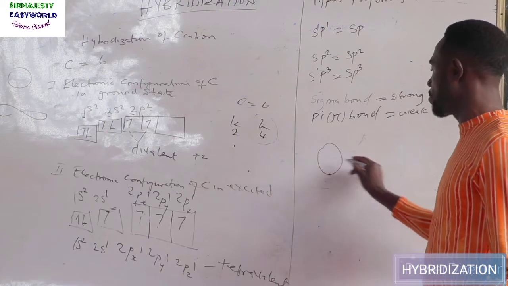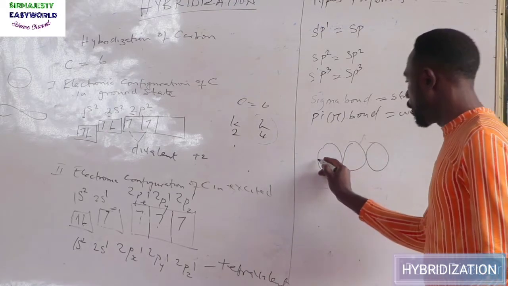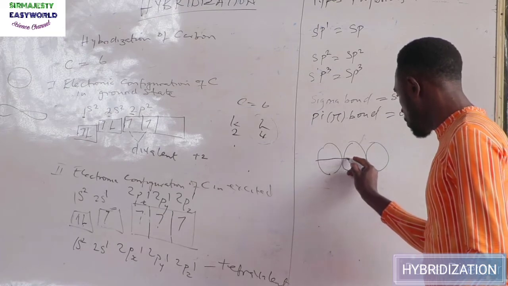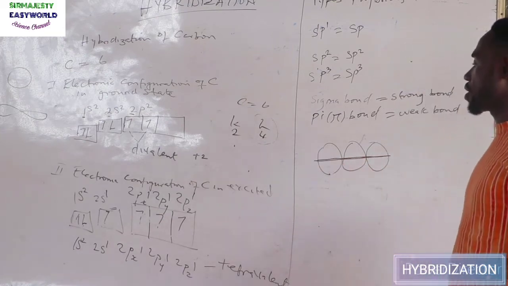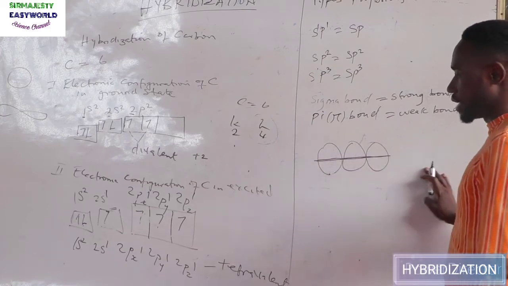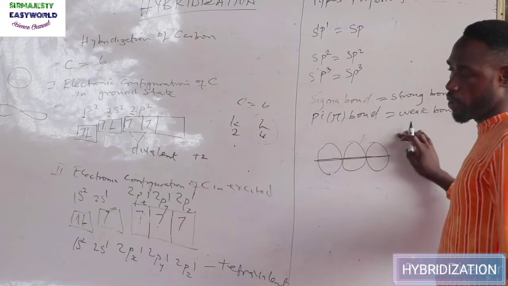If this is an atom, and this is another atom, if there is overlapping connecting the 2 atoms in the major axis, in the central axis, we call it sigma bond, in a straight line. But lateral overlap is pi bond.